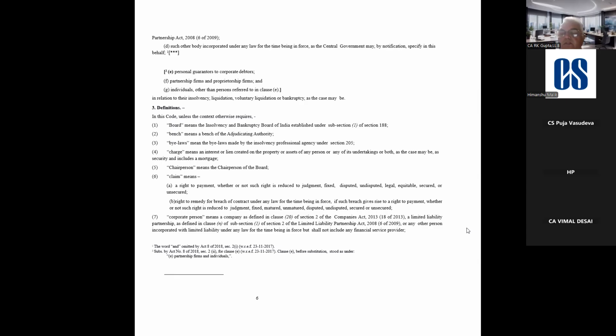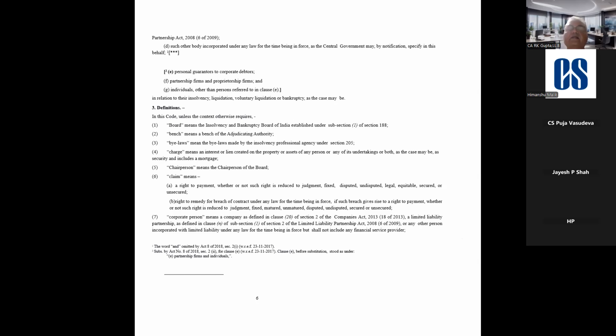So there could be cases where you are, say, constructing a project, and there are some obligations and counter obligations.